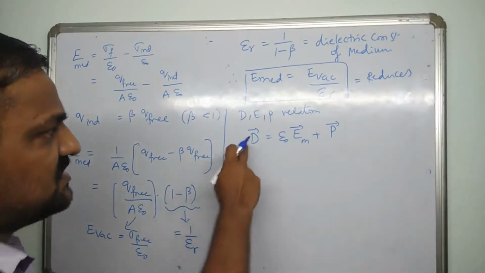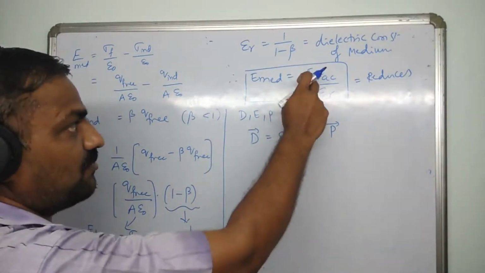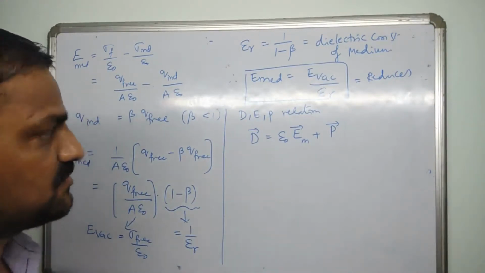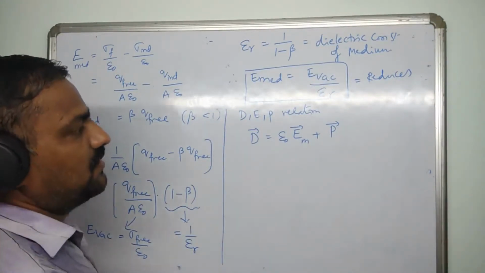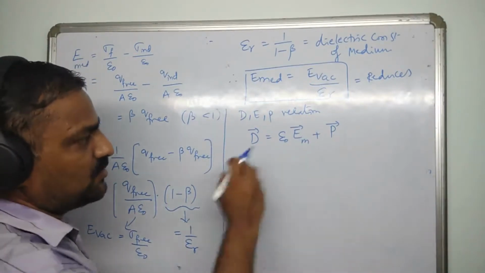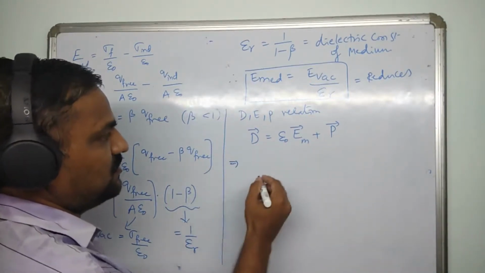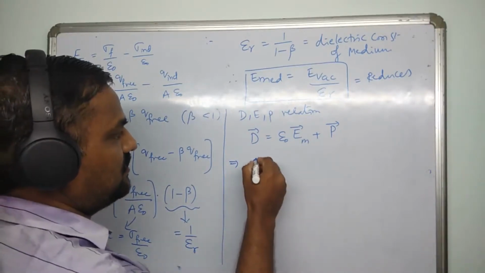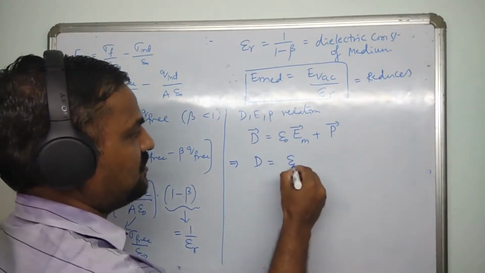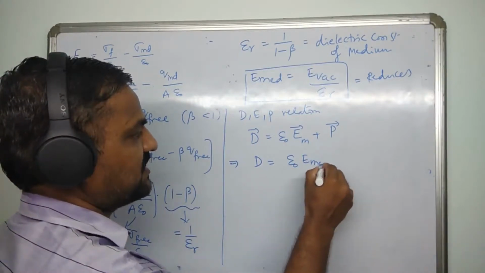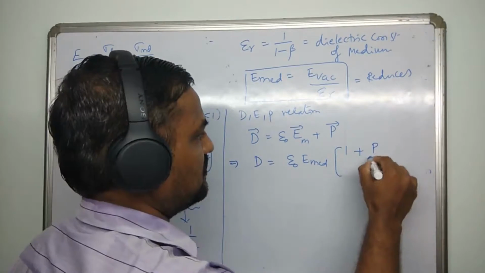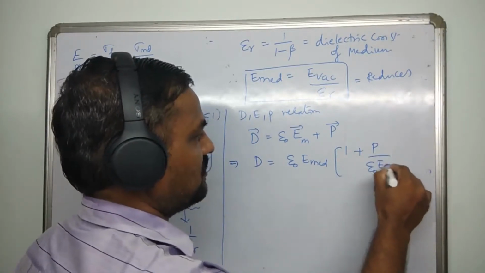Also, D is E vacuum times epsilon naught. Now I'll take it in scalar form and make some manipulations. I'll write D is equal to epsilon 0 E medium times 1 plus P divided by epsilon 0 E medium.